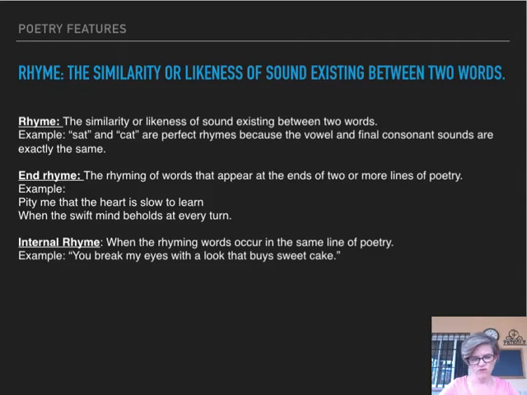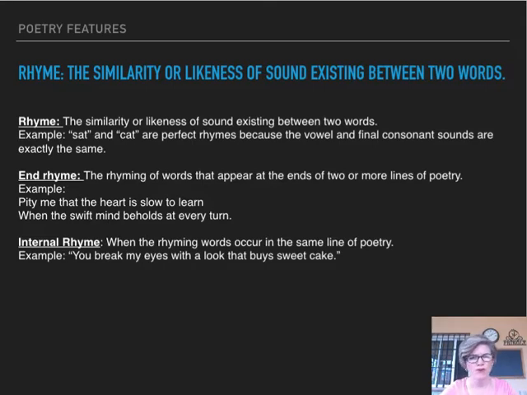Okay, so just keep that in mind as one of the reasons there's so much emphasis on these elements like rhythm and rhyme. All right, the next section of terms have to do with rhyme.